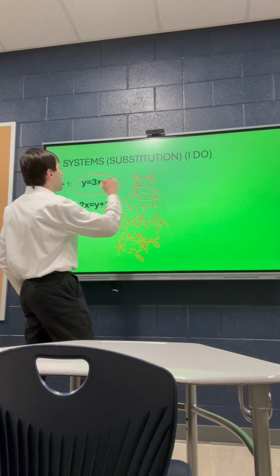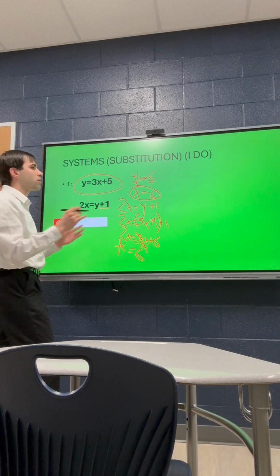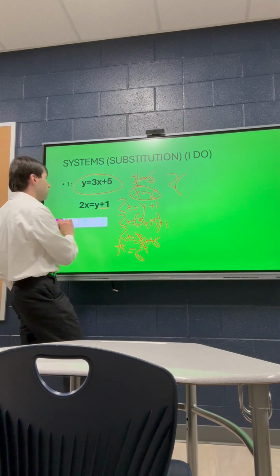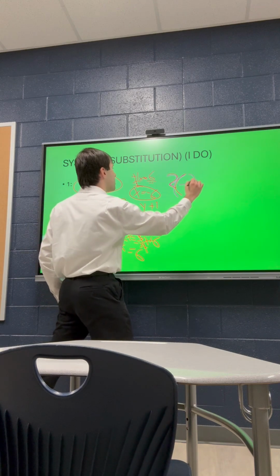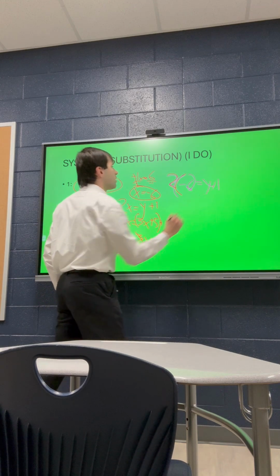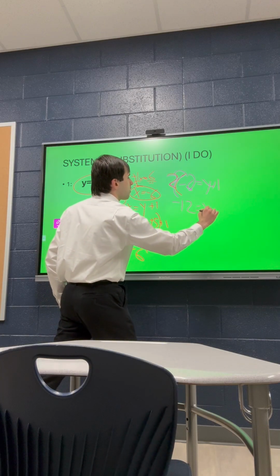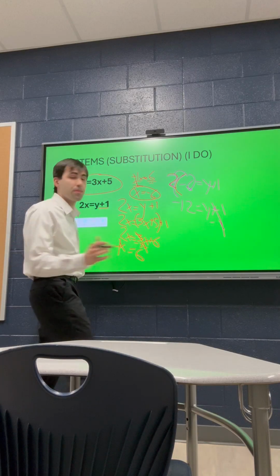Now we know that x equals negative 6. Now we just plug it into any equation. Let's do 2 times negative 6 equals y plus 1. 2 times negative 6 is negative 12. Y plus 1, we don't know what y is. Subtract by 1 to get rid of it.